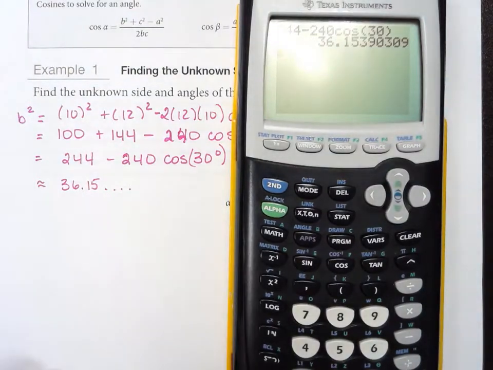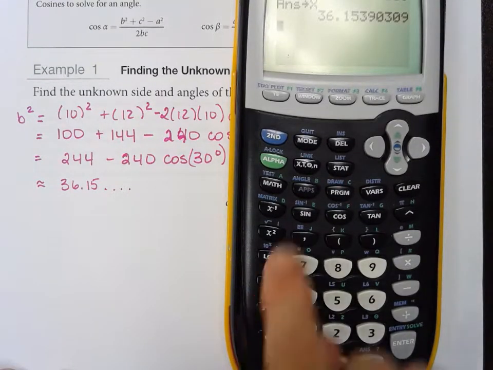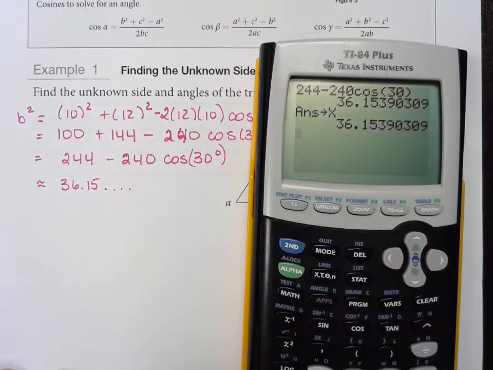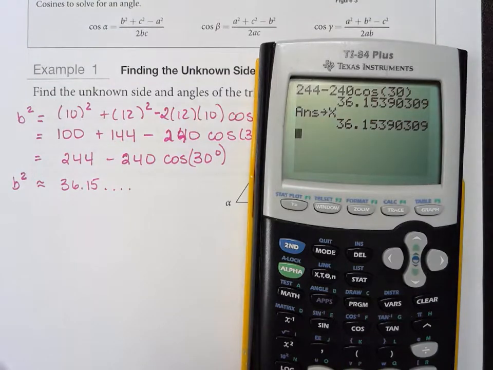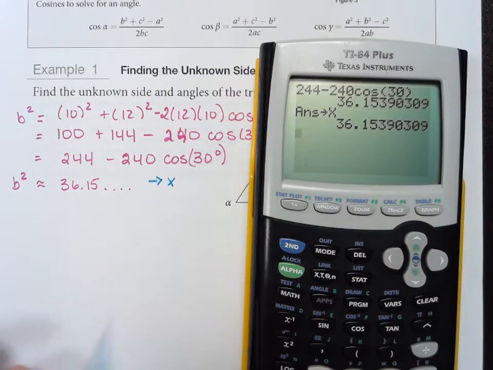What I want to do is store this in x. So remember on your calculator, that's store x, enter. And it looks something like that. Because right now what we have is b squared is equal to that number. I'm just going to make a little note that I stored this in x.